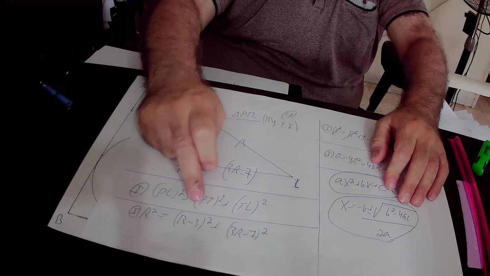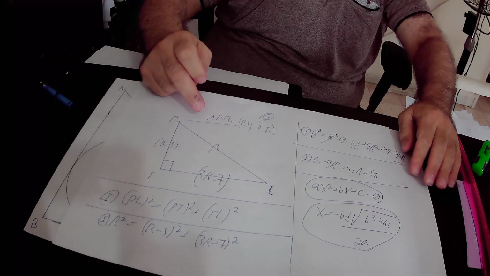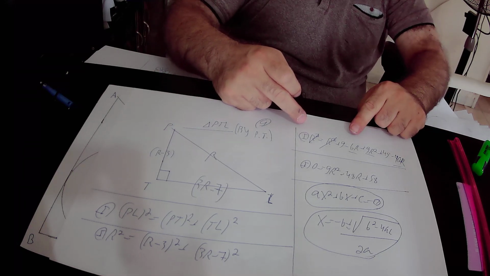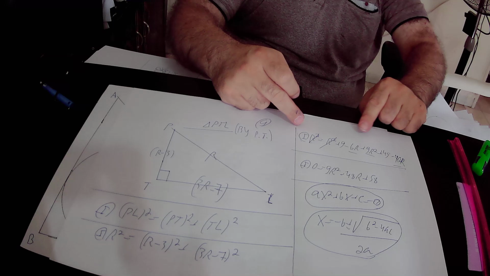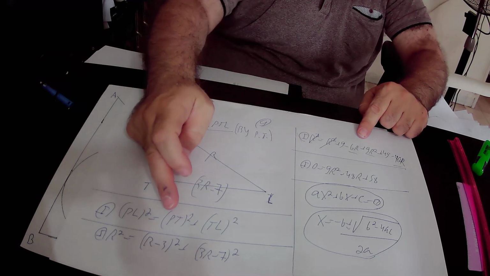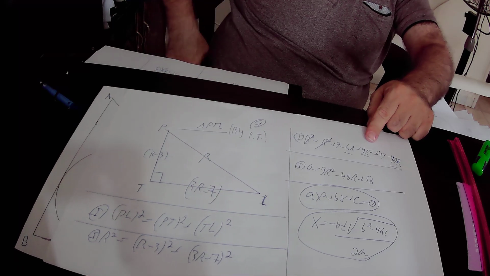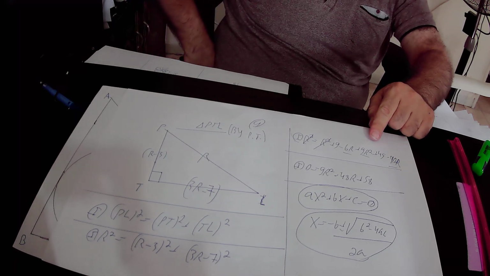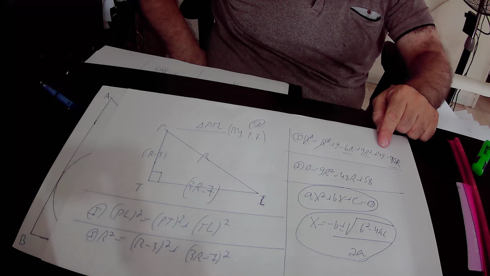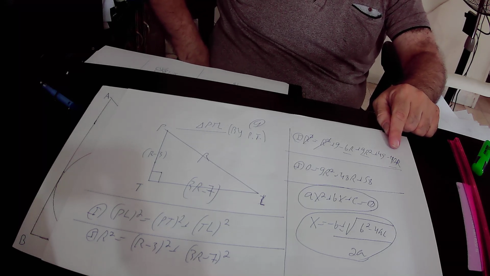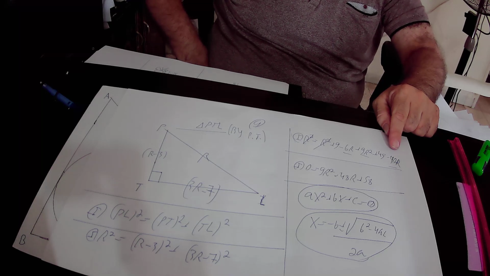We open the brackets on this side of equation number 1. We found that R squared equals (R minus 3) squared, which is R squared plus 3 squared, that is 9, minus 2 times R times 3, which is minus 6R, plus (3R minus 7) squared, which is 9R squared plus 7 squared, that is 49, minus 2 times 3R times 7, which is minus 42R.